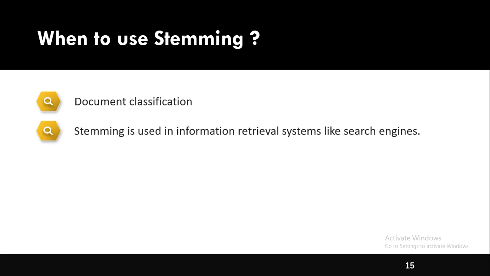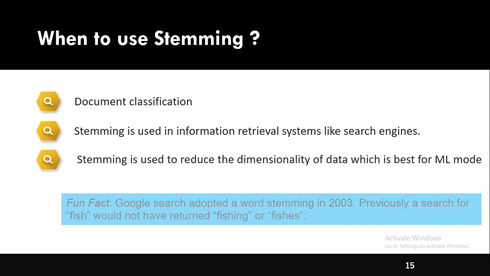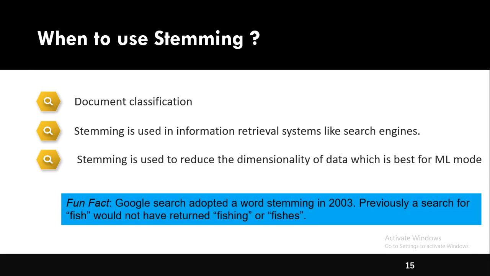For example, it's very likely we will want to see results containing the form fish if we have typed fishes in the search bar. Google search adopted word stemming in 2003. Previously, a search for fish would not have returned fishing or fishes.